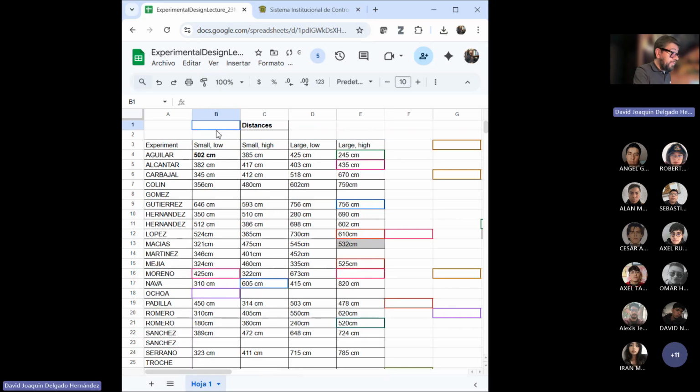Okay, I am going to put here these values that I calculated with the MATLAB routine. So in the small low, it is 0.98. Then small high, it is 2.15.